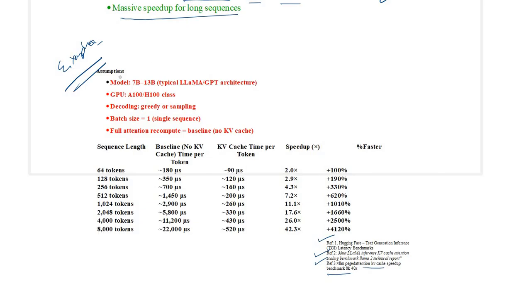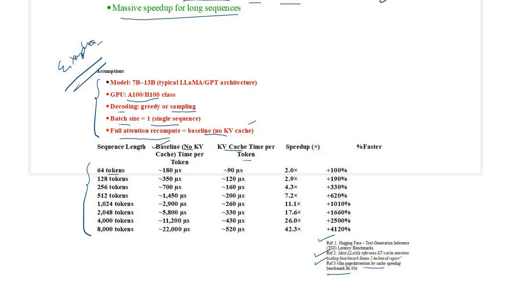So assume that the model is 7B to 13B, typical for Llama and GPT architectures. For GPU we have considered A100 or H100 class. Decoding is a simple sampling method. For batch processing, we use one single sequence. Baseline is full attention recompute, no KV caching. With respect to KV caching, we are comparing for different token sizes.